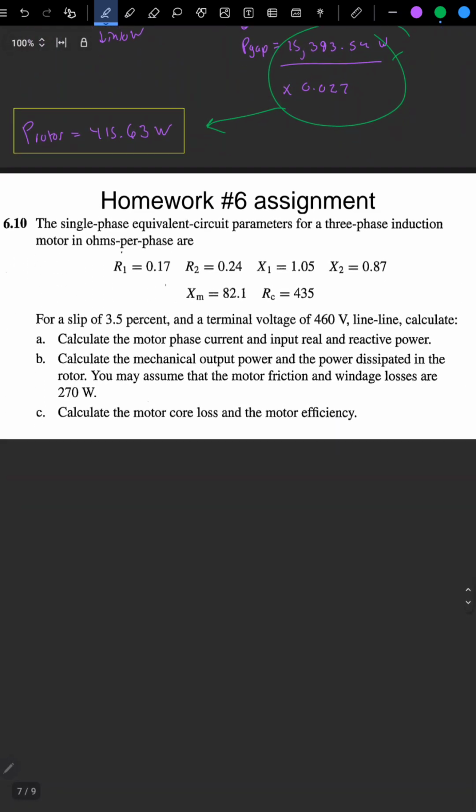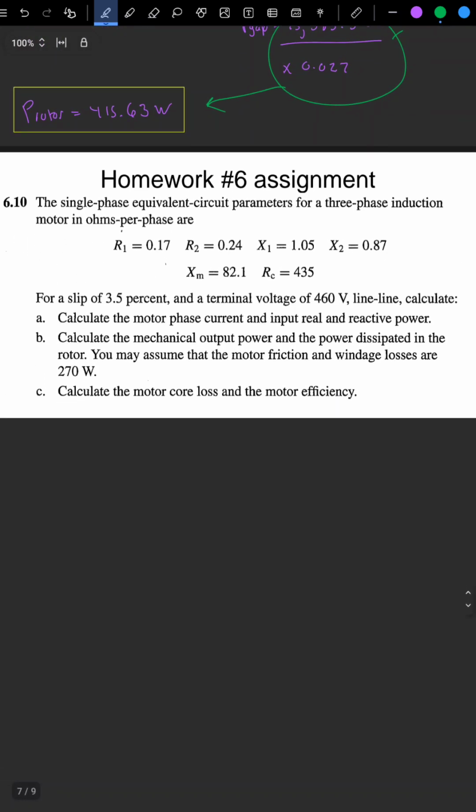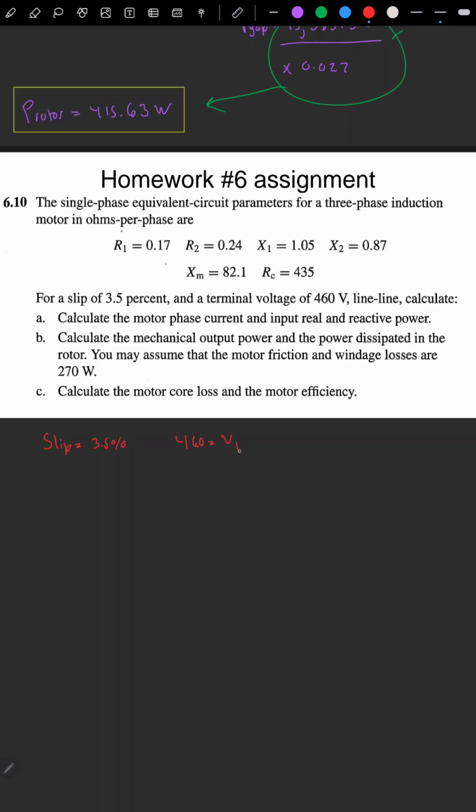On to the second question. Single-phase equivalent circuit parameters for a three-phase induction motor in ohms per phase are R1, R2, X1, X2, Xm, and Rc. It gives us the slip this time, which is 3.5%. And it gives us a terminal voltage of V1, which is line to line.